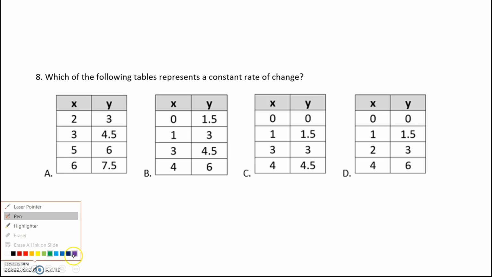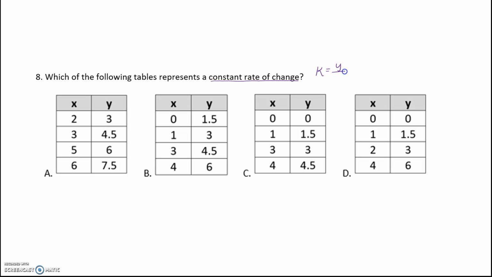Next problem, number 8, says which of the following tables represents a constant rate of change? Okay, constant, if you remember, is K equals Y over X. And the entire table must have a constant for it to have a constant rate of change. So I'm going to go through each of these and find if it's constant.